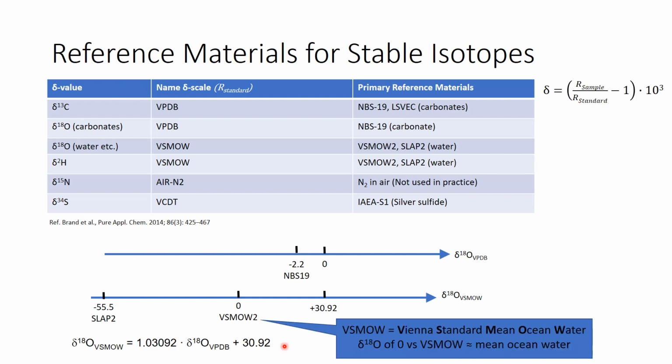We note that VSMOW stands for Vienna Standard Mean Ocean Water, which means that if we have a sample with 0 delta O-18 on that scale, we roughly have the mean ocean water isotopic ratio for oxygen.